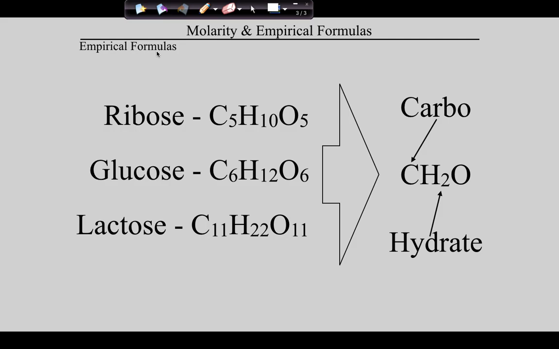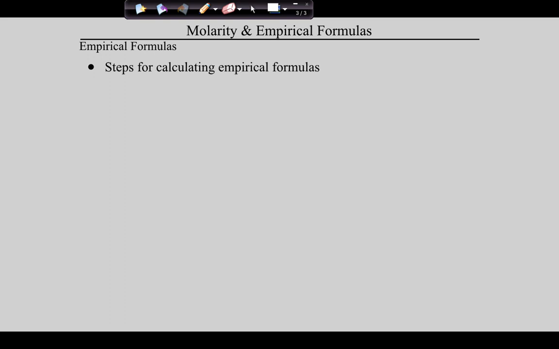Okay, so guys, here's what you've got to be able to do. You've got to be able to calculate these empirical formulas. And this is the way that you do it. Again, I'm going to give you steps. You ready? So guys, the steps go like this. Step number 1, and this makes no sense to you at all, but it will.